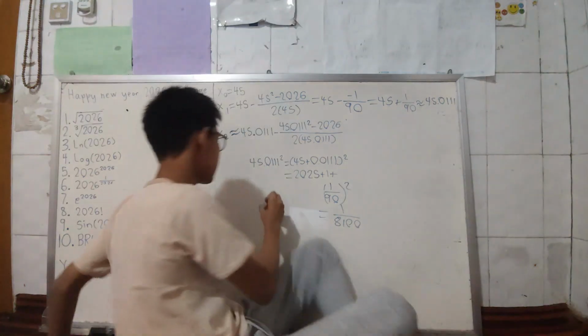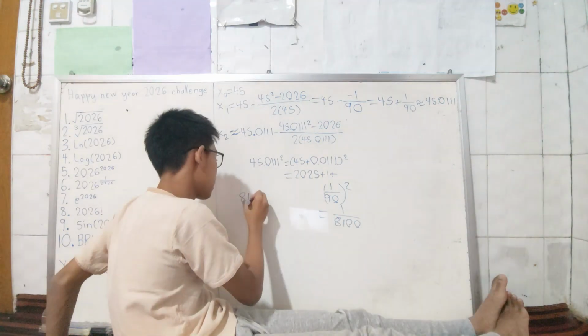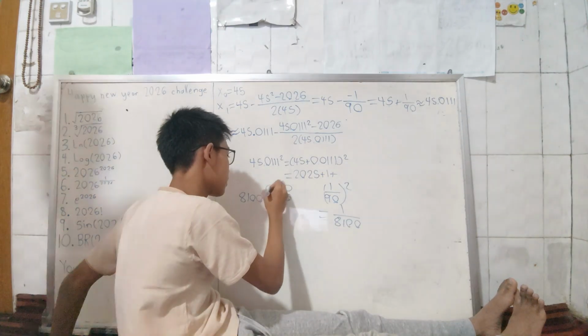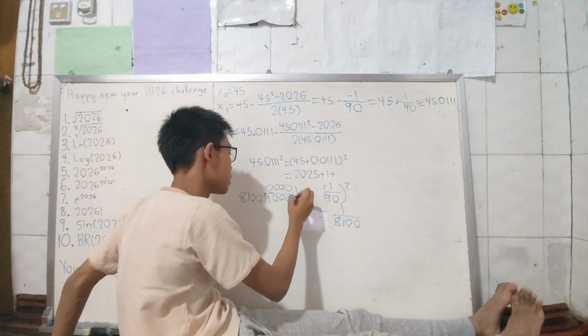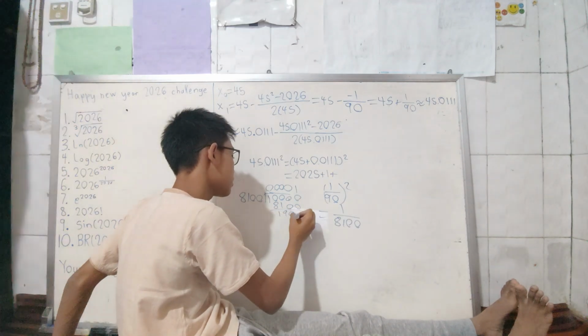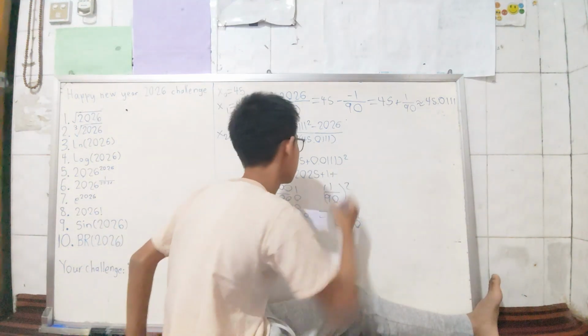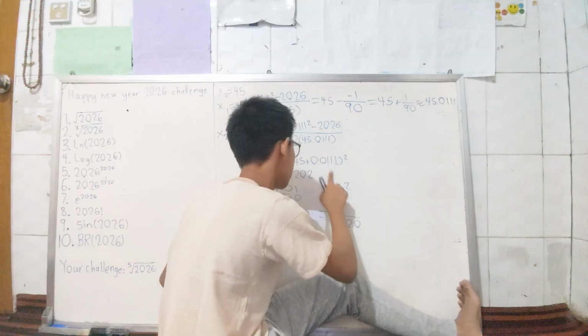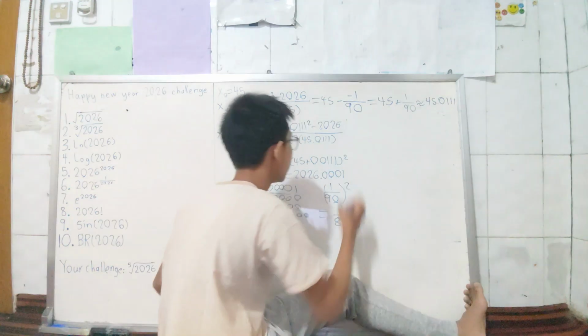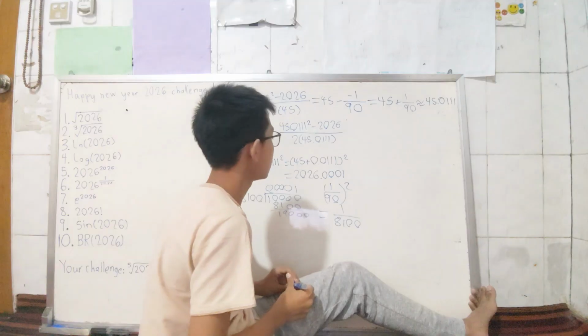We're going to divide 1 over 8,100. So that's gonna be approximately 0.001. So that's gonna be 2026.0001. So that's gonna be our answer.